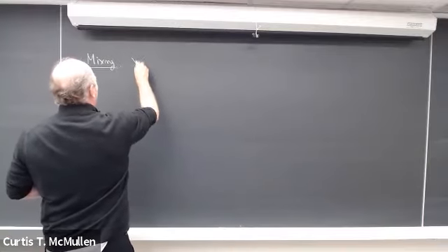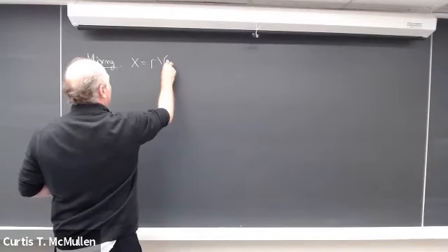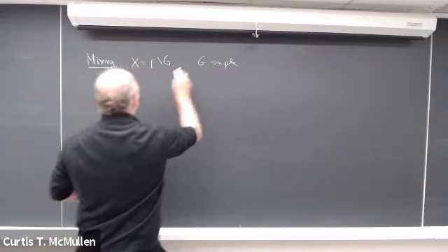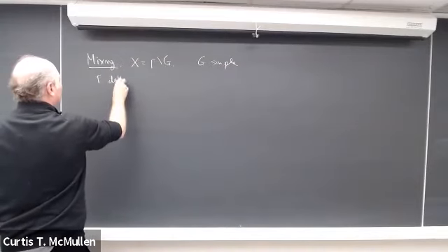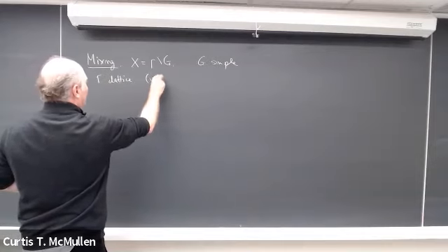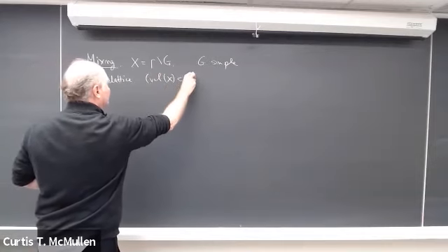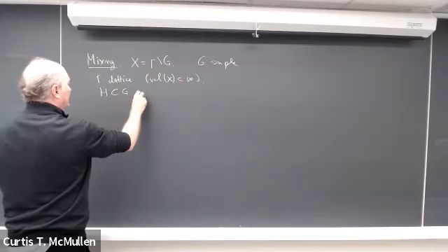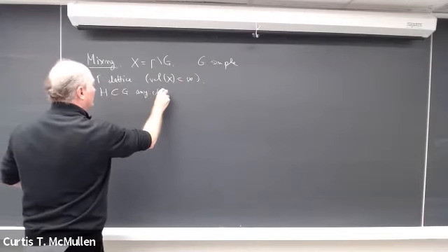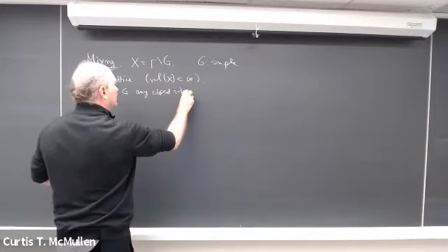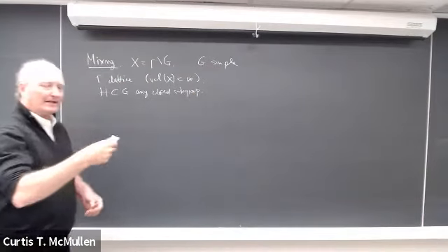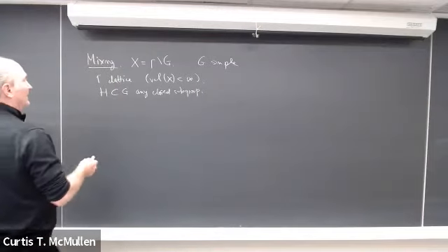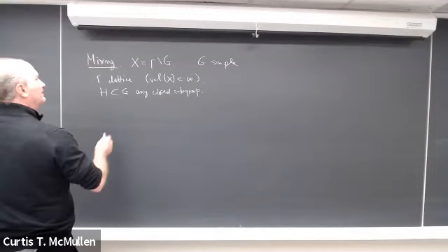If we let X be gamma mod G, where G is a simple Lie group and gamma is a lattice, which of course just means the volume of X is finite, and H contained in G is any closed subgroup. It doesn't have to be a Lie group, or I mean, it is a Lie group. It could be, for example, a discrete group. It could even be a cyclic group.